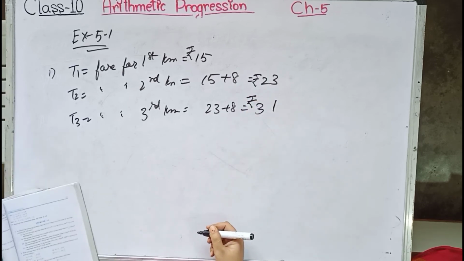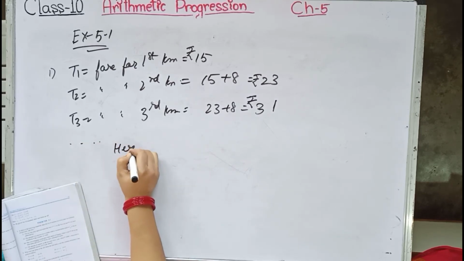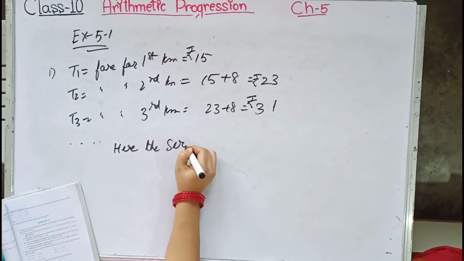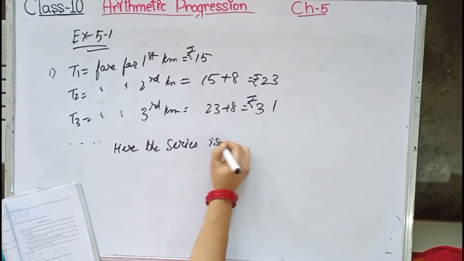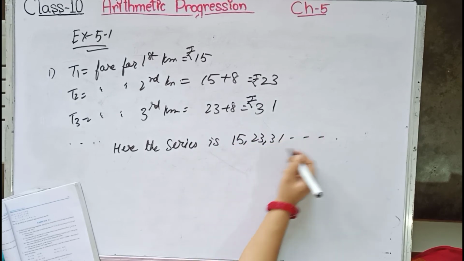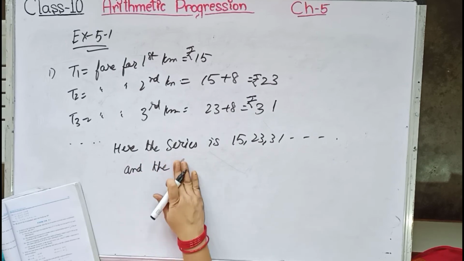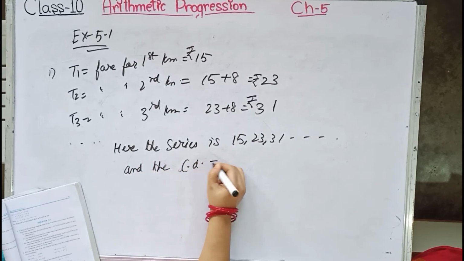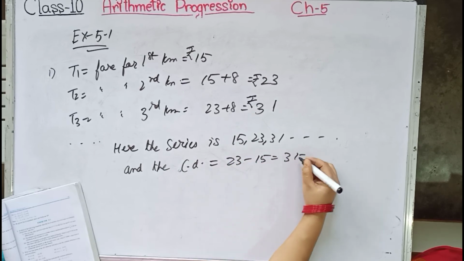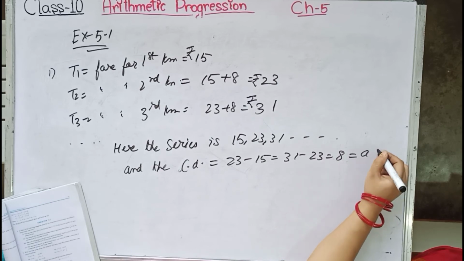Rupees 31. And so on. Now here the series is 15, 23 and 31 and so on. And the common difference equals 23 minus 15 equals 31 minus 23 equals 8 equals a constant.